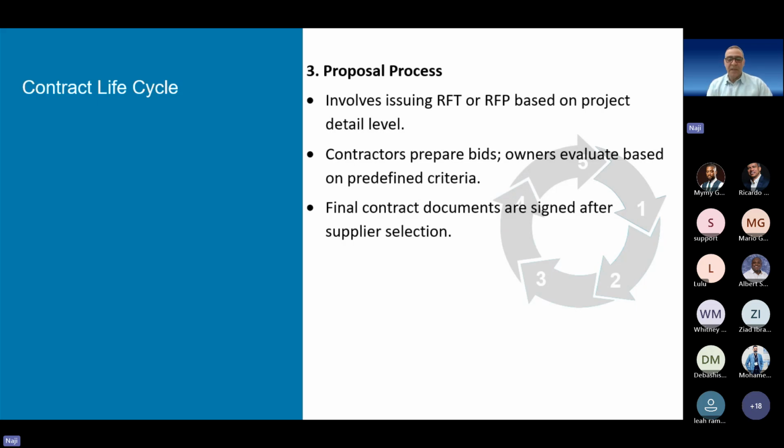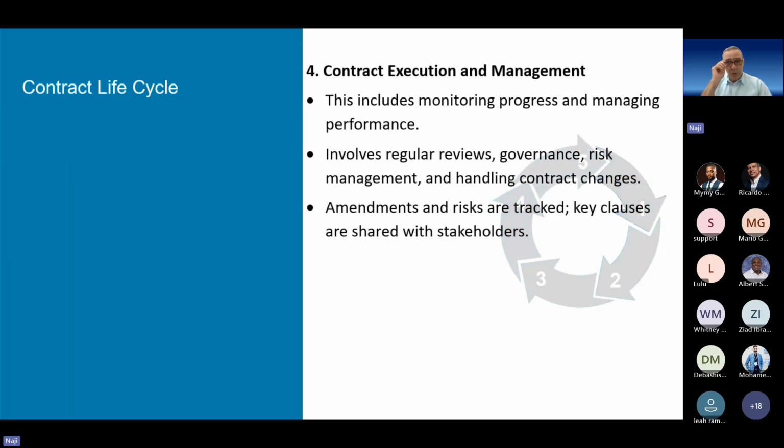Once they select the best contractor, the final contract is signed, and it leads to step 4, which is executing the contract, meaning executing the project. During this step, plenty of monitoring is required, not only of the work but of the compliance with respect to the contract.